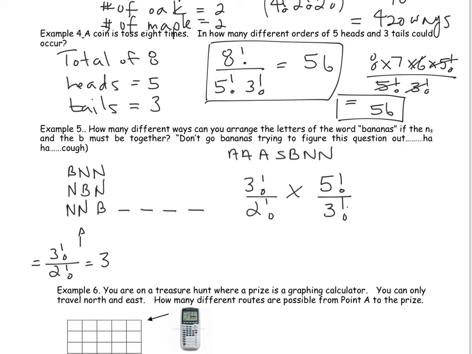We can either choose this B and N here, and then we can choose the S, or one of the 3 A's. So that's why it's a 5 factorial in the numerator, and then we divide out the 3 factorial, because the 3 factorial represents the 3 A's that we have there. And so this would work out to be 60 ways.